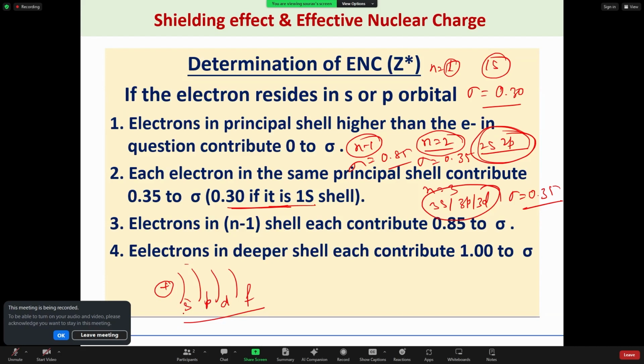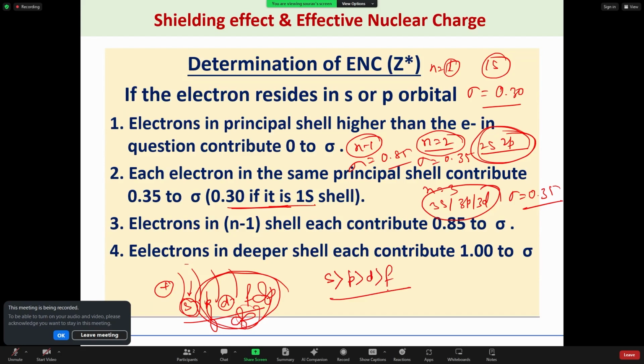Due to the shapes and sizes of these orbitals, and also the diffusion effect, the s orbital has the greater shielding effect, then the p orbital, then the d orbital, and the f orbital.